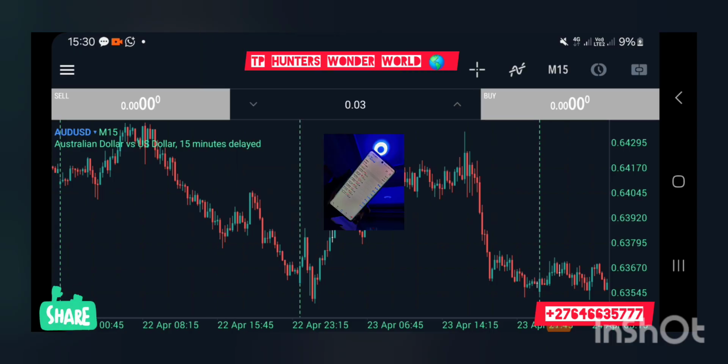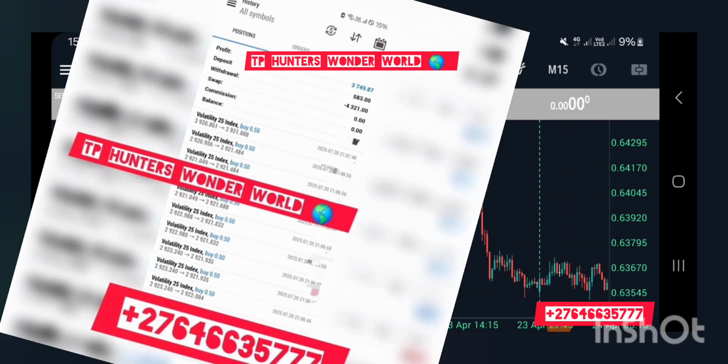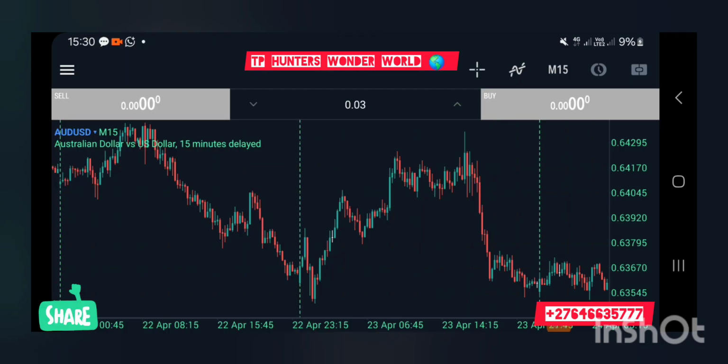Yeah, guys. In this lesson, we're diving into a powerful concept used by professional traders globally: the buy side liquidity and sell side liquidity. So, guys, before we can start, first of all, you need to understand the concept.